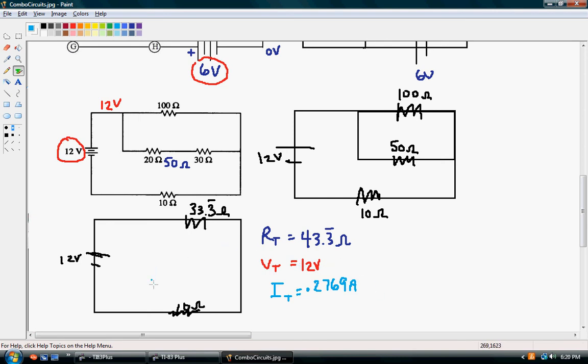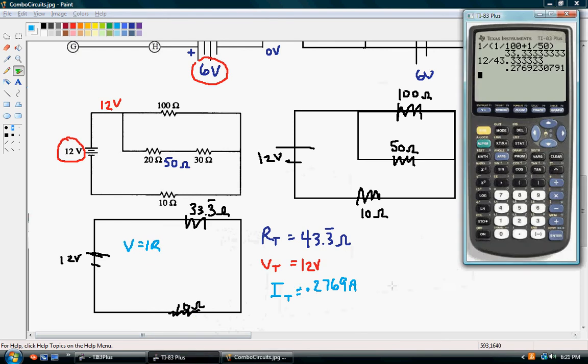Okay, so looking here, we can find out the voltage used by each equivalent resistance. Our voltage is going to be equal to the current times the resistance. So for the 33.333 ohms, it will be the current, which was 0.2769, times the resistance, so 9.23.